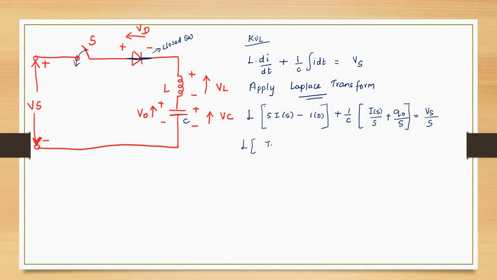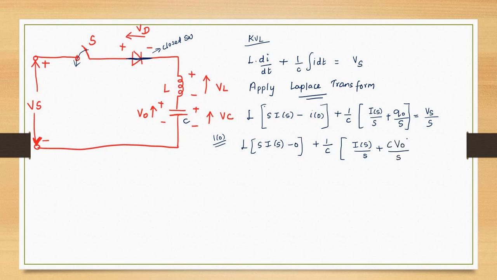I am going to apply the values: S I of S minus, what is the initial value of current through an inductor? 0, plus 1 by C I of S divided by S plus, what is the initial value? The capacitor initial voltage is V0.